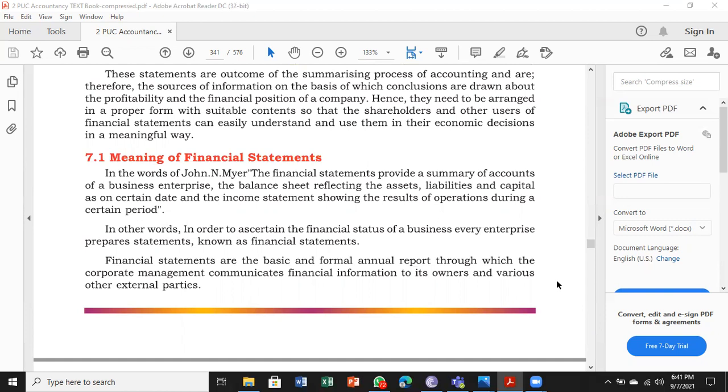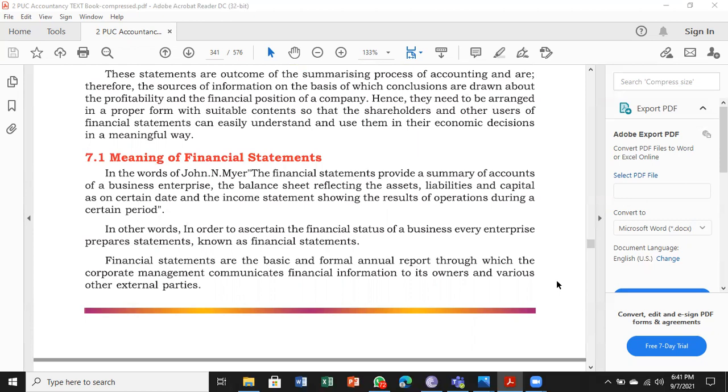Not only that, it also gives information through the balance sheet, the value of various assets owned by the company, the liabilities payable by the company, and the share capital, reserves and surplus, which belongs to the shareholders of the company.